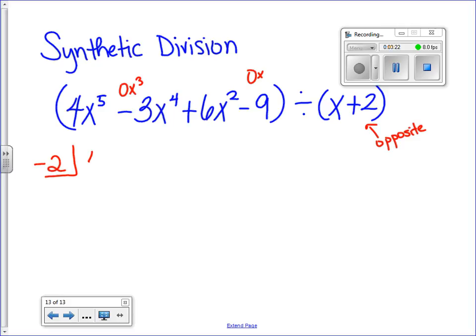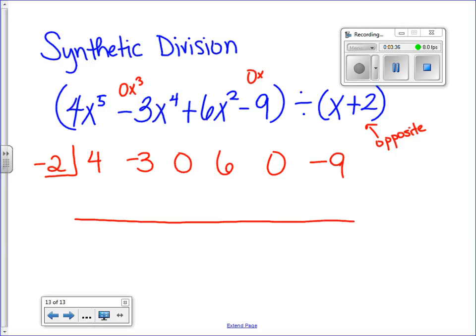So let's start with 4, then 3, negative 3, and then a 0, 6, 0, negative 9. Skip a line. Now what's right here, that's the spot that's left for our remainder.